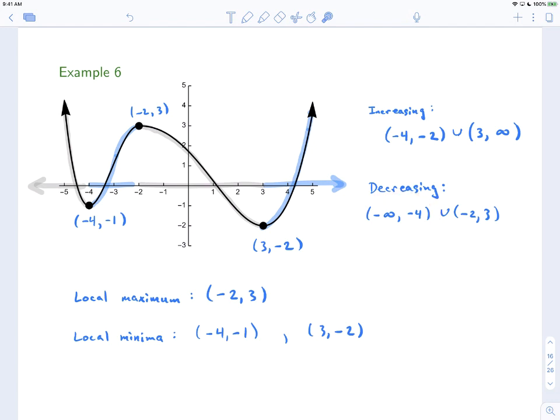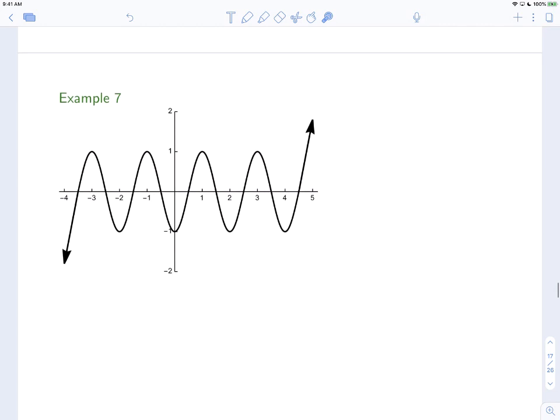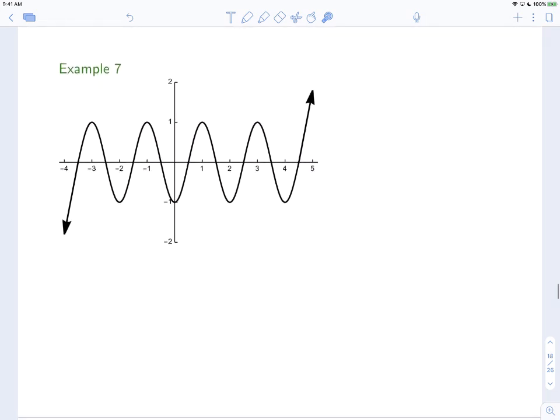Let's look at another example. This one's a little bit more complicated. It has a lot of bumps and valleys, and each one of those bumps and valleys will give you a local maximum or a local minimum. So you can see there's a local maximum here, here, here, and here.